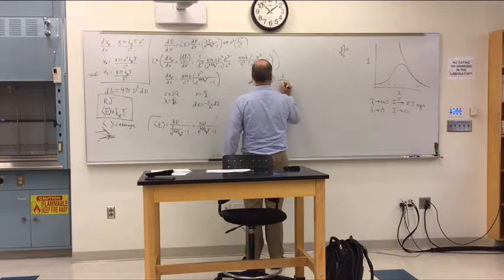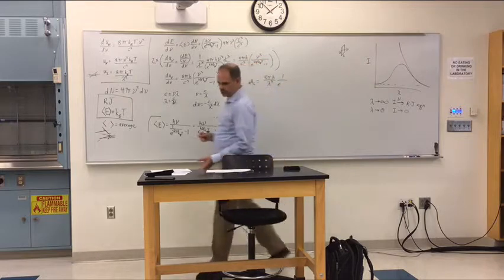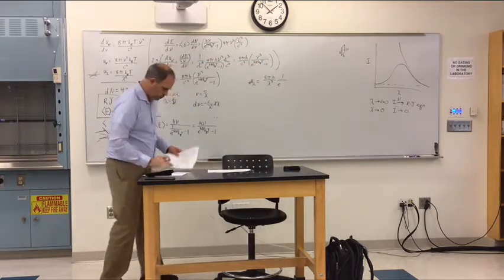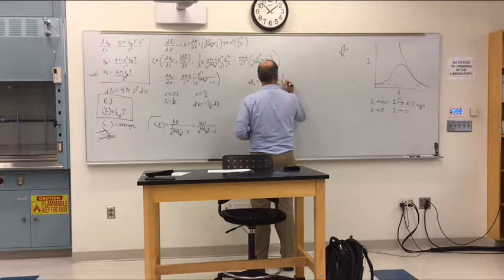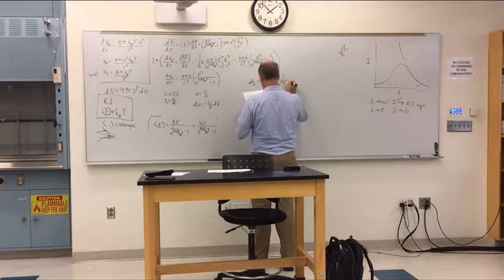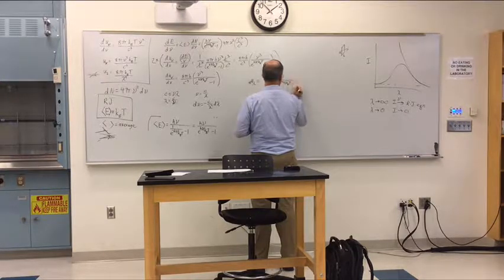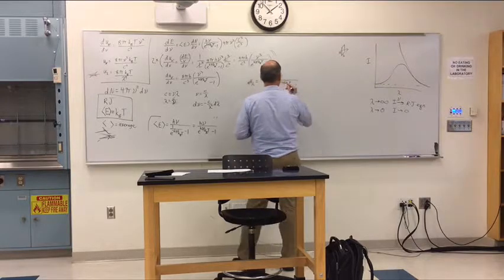1 over e to the hc over lambda k bt minus 1.